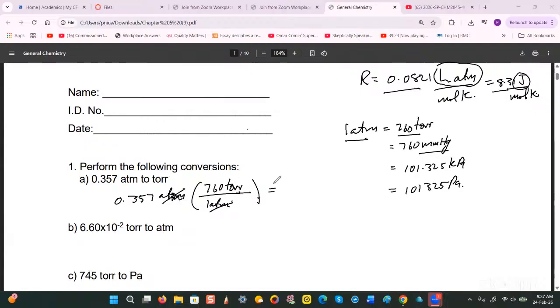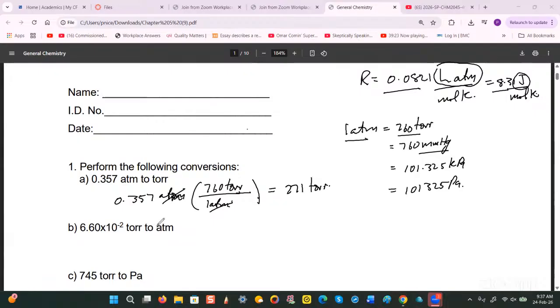Then you do the number crunching: 0.357 times 760, and according to my calculation, this works out to be equal to 271 torr.